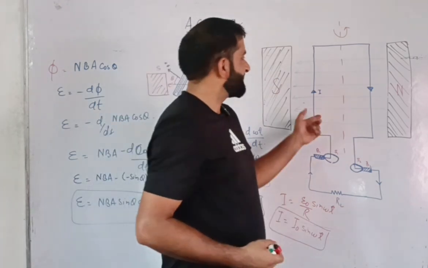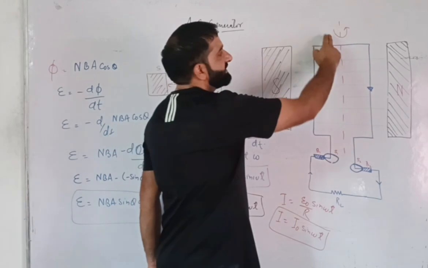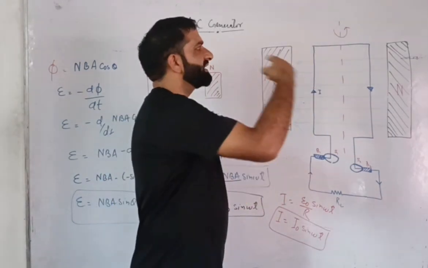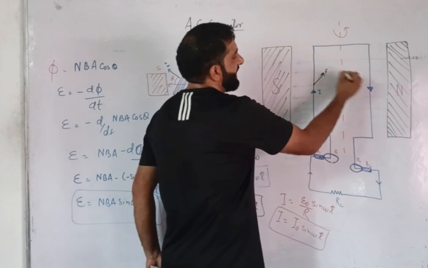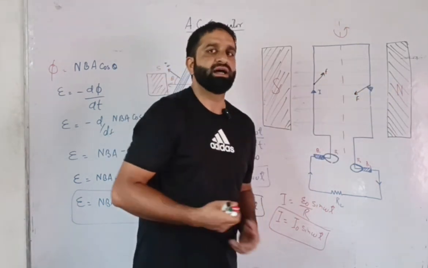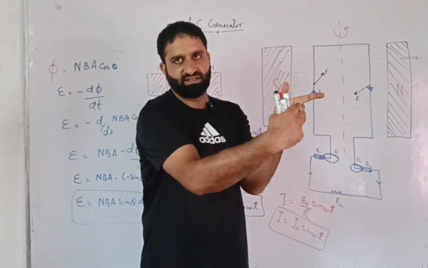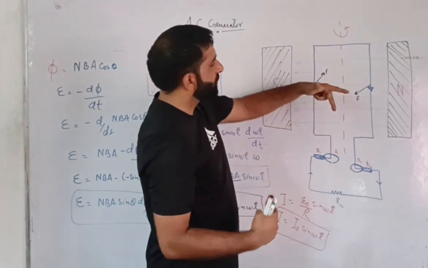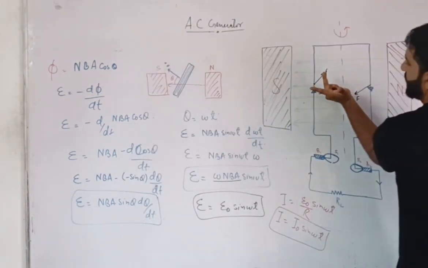Now we want to see the direction of the current. The direction of the magnetic field is from north to south, and the coil is moving in the anticlockwise direction. That means the force on this limb is outwards, and the force on the other side of the coil is inwards. By Fleming's left hand rule, we have force, magnetic field, and current. In this coil, the force is outwards, but the magnetic field is from north to south.